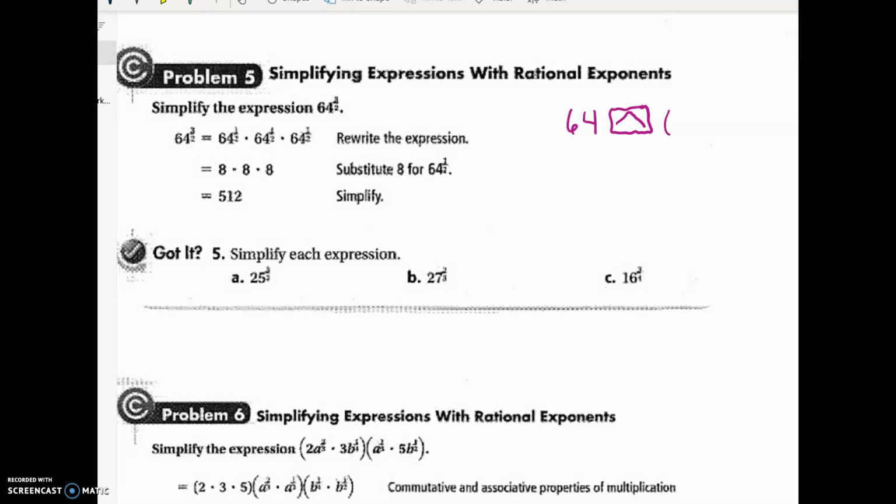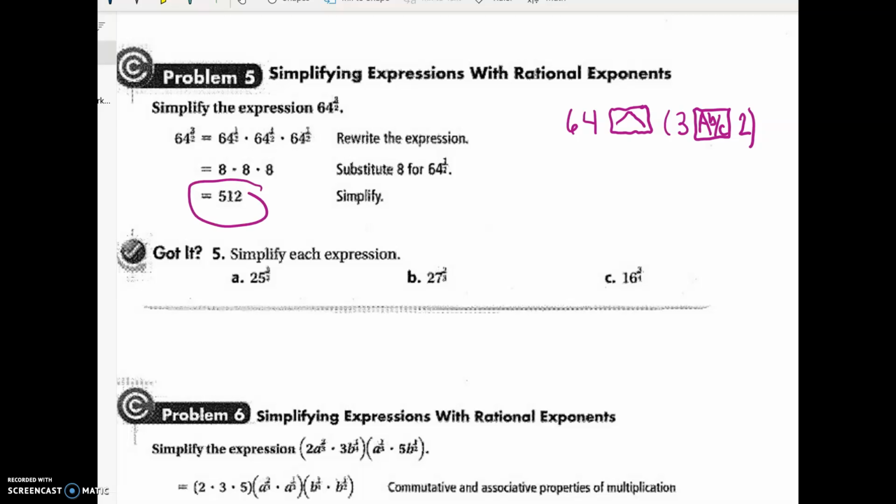So I would type in parentheses, then my 3, then press my fraction button, which in this case looks like this, so it knows it's a fraction, and then a 2, and close my parentheses. At that point, you can just press enter, and it will give you 512, which is our answer here.